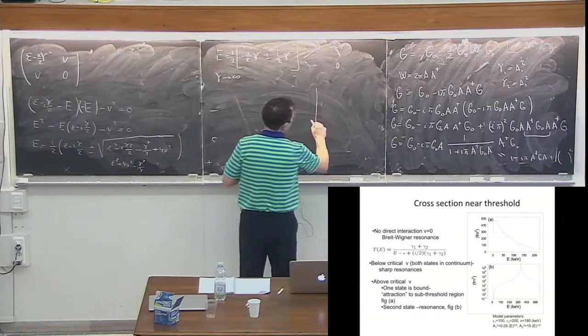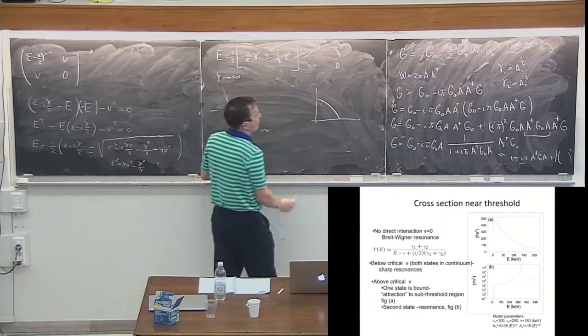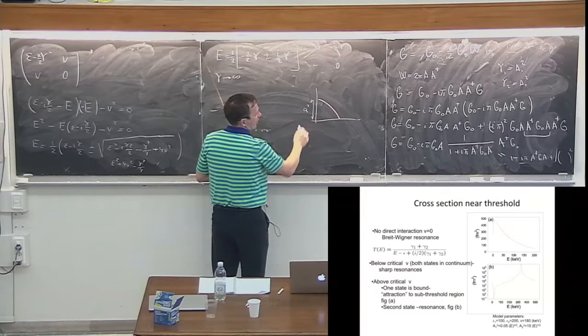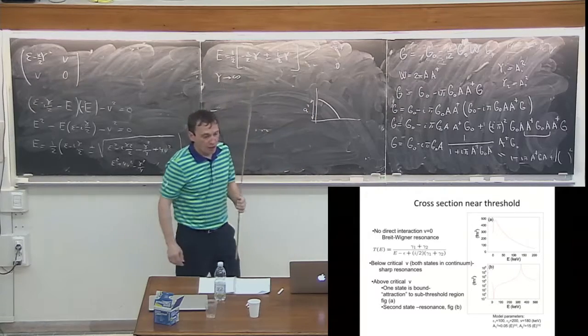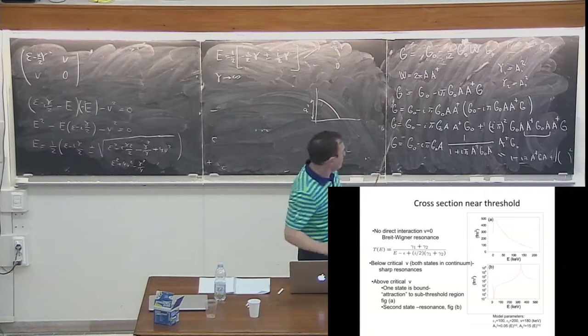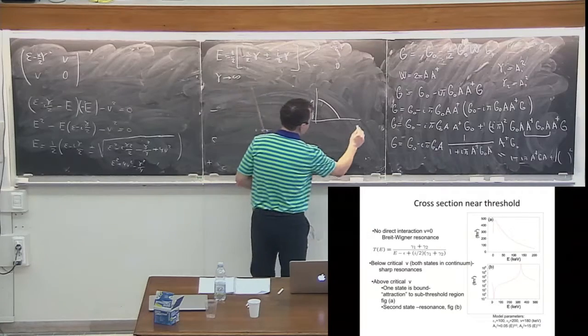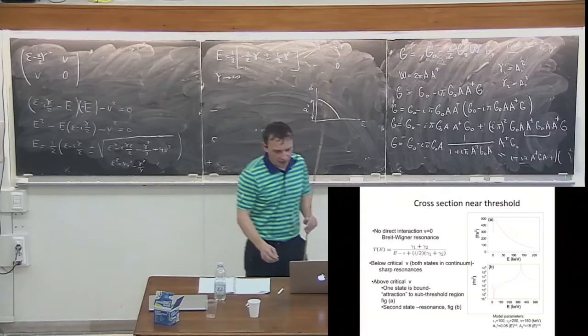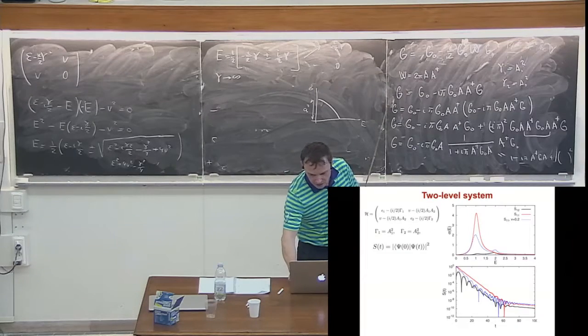So your cross-section as a function of energy will have this kind of behavior, where this distance is proportional to the scattering length. Right. Of course, maybe I should put the units here. So this is the energy, this is the cross-section. Okay, so that's some examples.